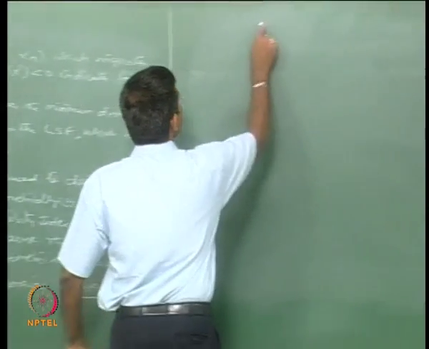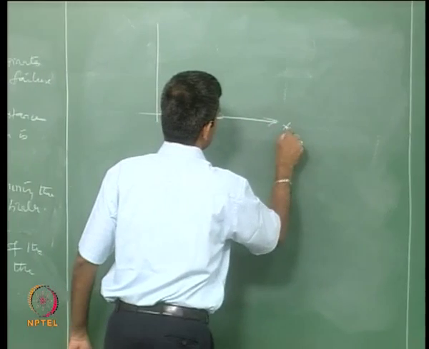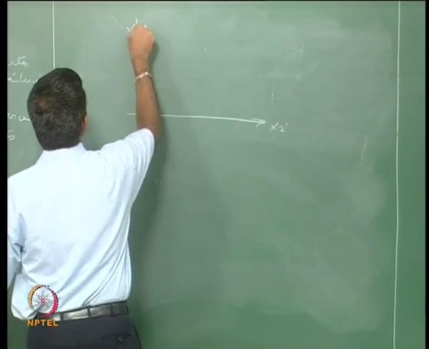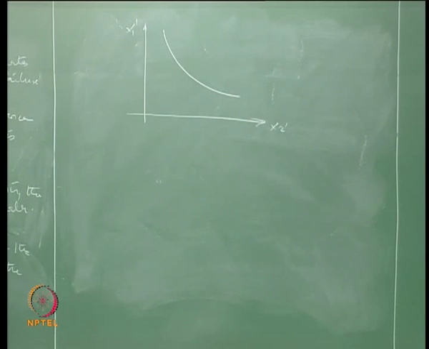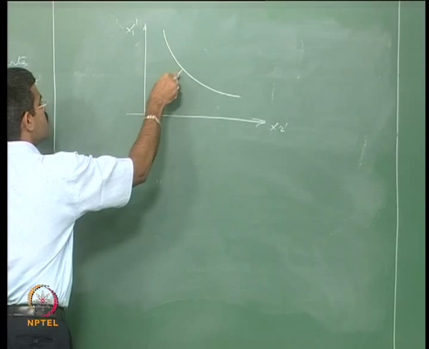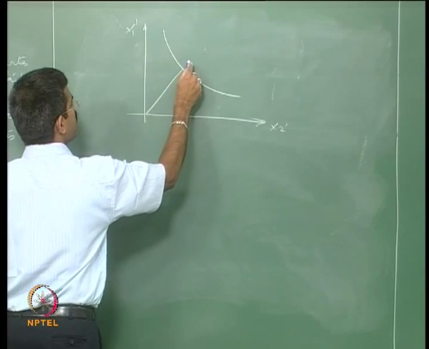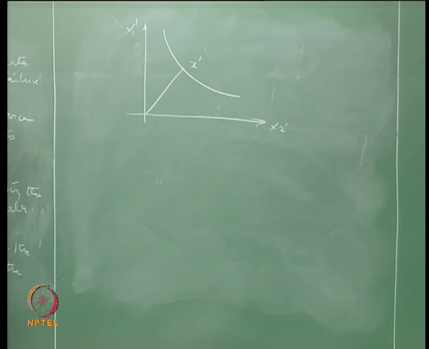Let us say the plot of these two variables x2 dash and x1 dash for a nonlinear limit state function looks like this. Let us say this is my design point. I call this point x dash.